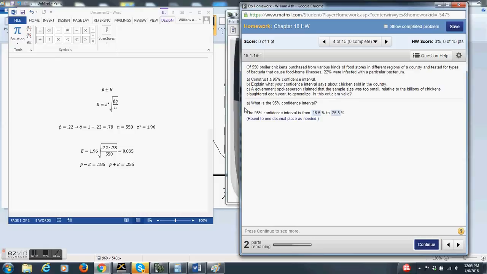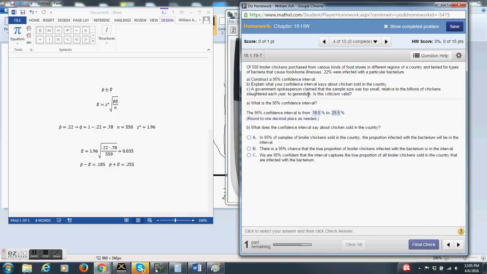I got 22% this time. Some other time I might get 20%. I might get 19%. I'm never actually going to know the real proportion, but 95 of the intervals that I make will include the actual proportion.